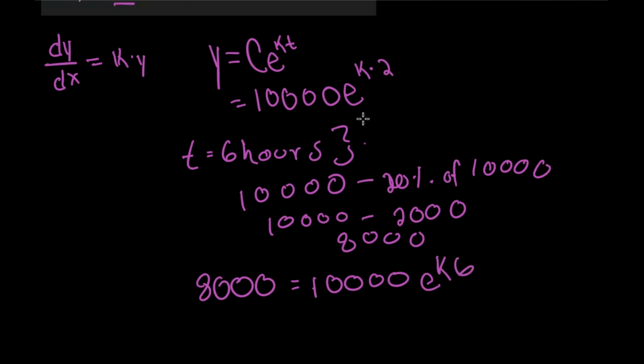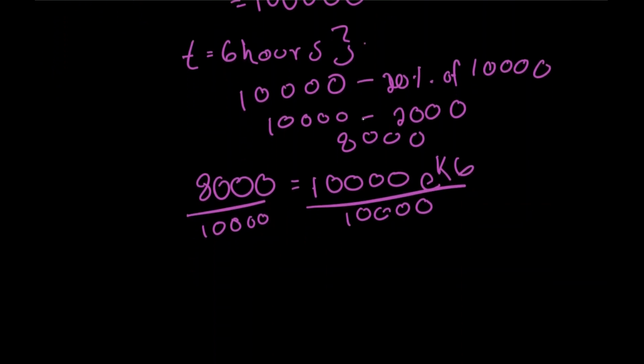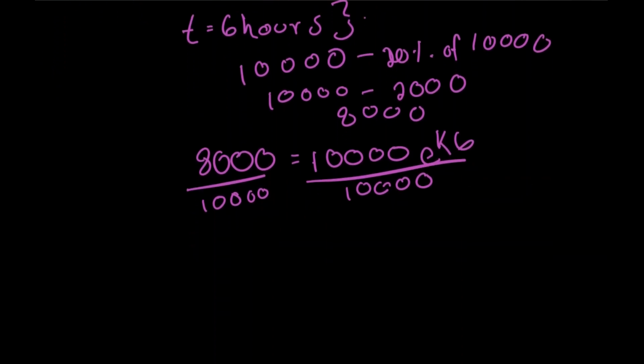We're trying to solve for the rate, so we divide both sides by 10,000. 8,000 divided by 10,000 is simply 0.8, which is equal to e to the power of k times 6.